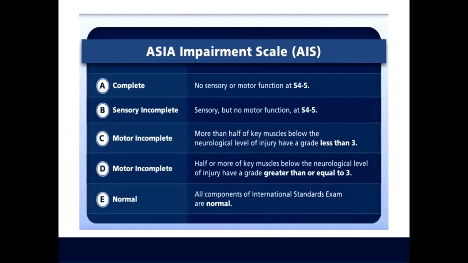And I said you want to be a D because a D is where half or more of your key muscle groups below your neurologic level of injury are pretty strong. They're 3 or more. You also want to be a D because it has a spectacular prognosis for ambulation.